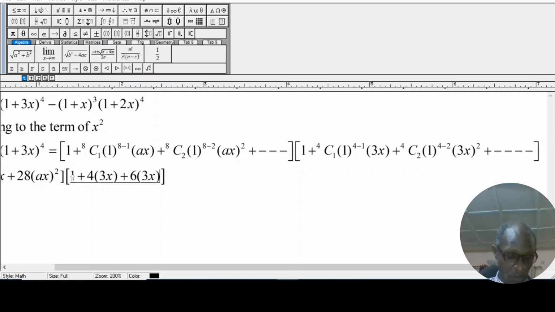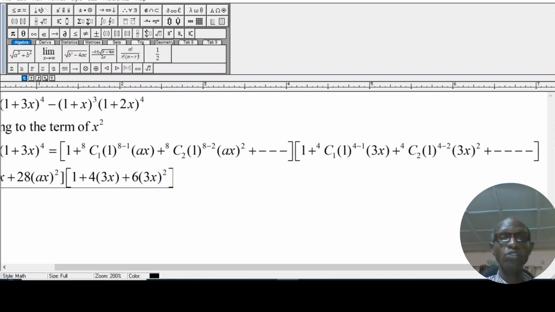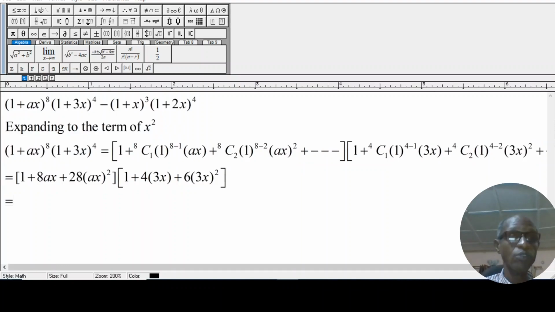3x all squared is 6. So we have that. I've also ignored the other terms. So you can have something like this.